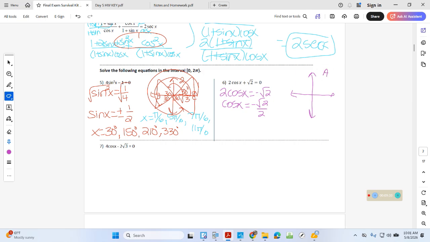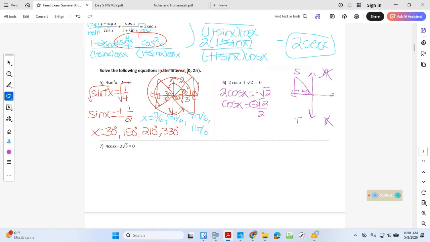I'm using my all students take calculus. And remember that tells you where everything's positive. Everything's positive in 1. Sine's positive in 2. Tan in 3, cos in 4. Well, I see we have negative, so that gets rid of the A and the C, because cosine would be positive in those 2. So I'm going to draw over here 2 and 4. And you guys already told me 45, 45, 90. I'm not even going to bother labeling the sides.